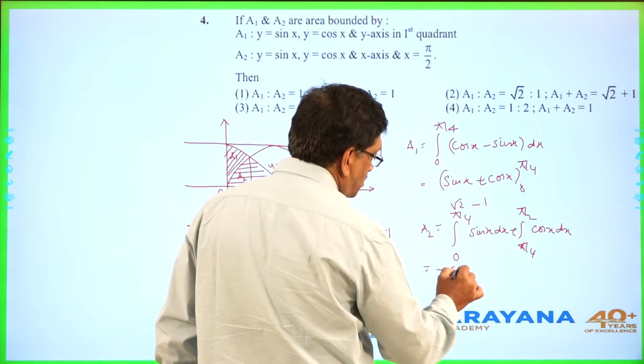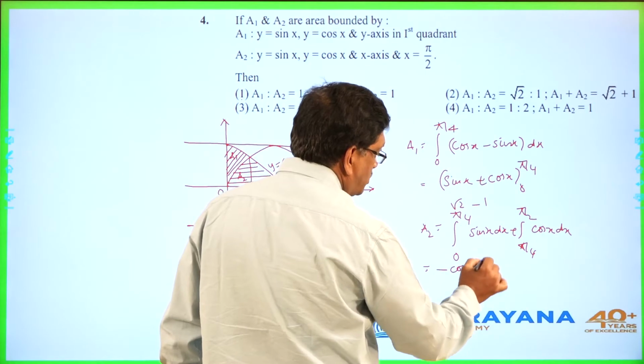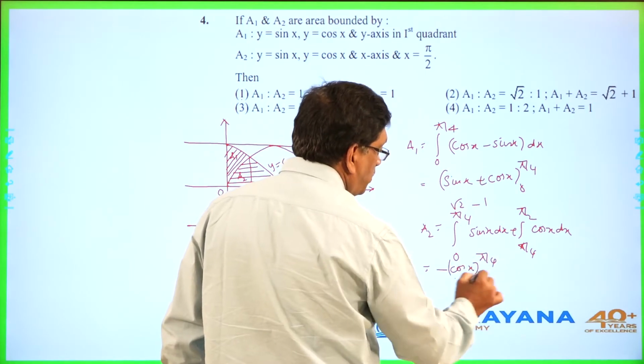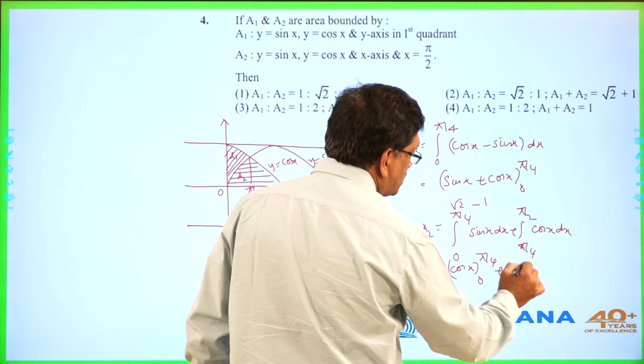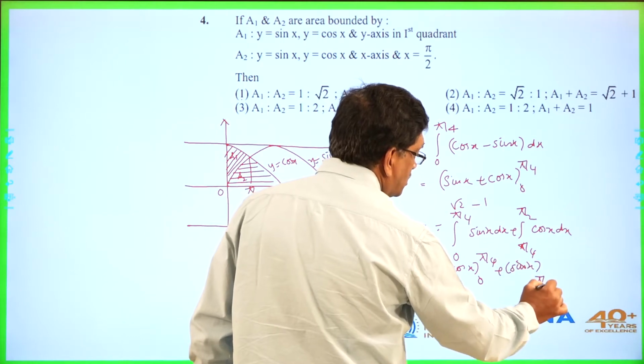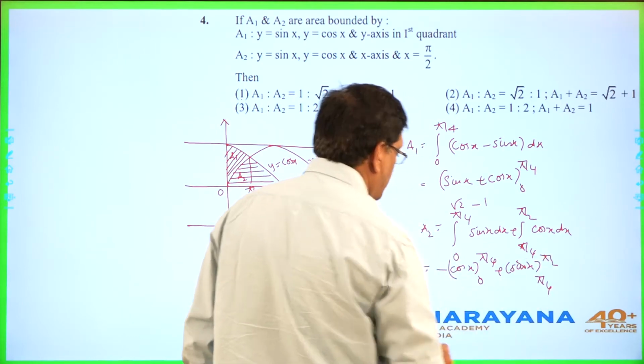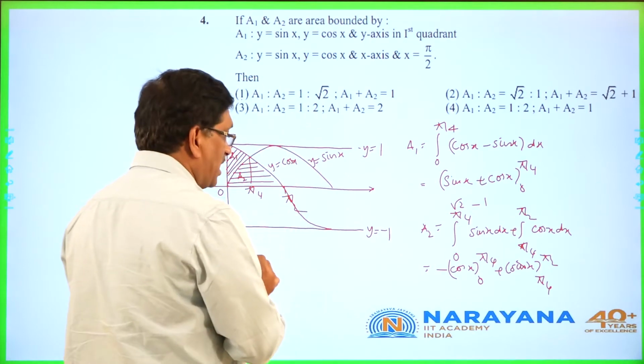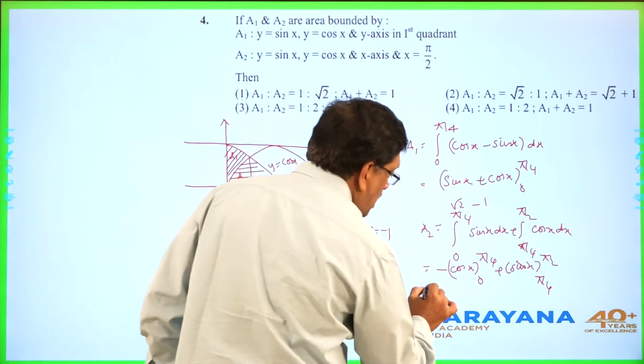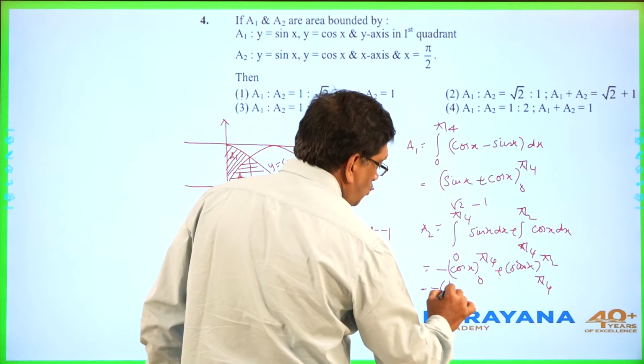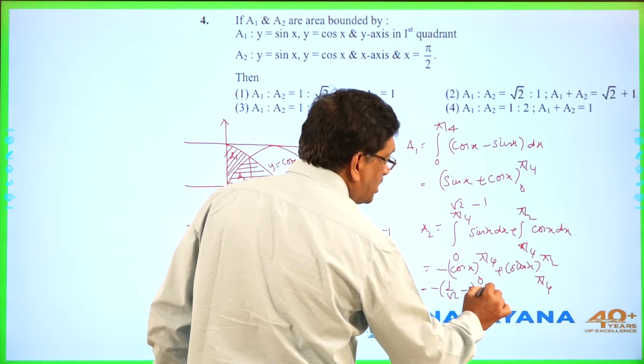So minus cos x from 0 to pi by 4 plus sin x from pi by 4 to pi by 2. So let us apply that. What is this now? It is minus 1 by root 2 minus 1.